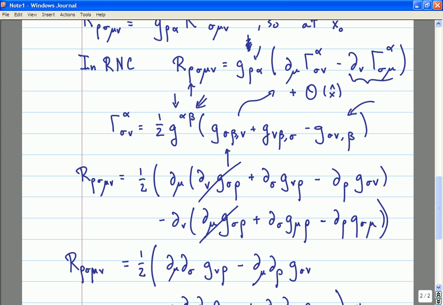And then this is my expression for gamma. Here it is on the left side, on the right side, and so on and so forth. Okay. Any other questions?